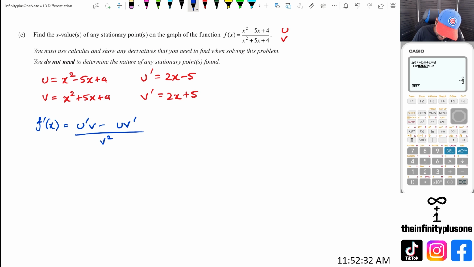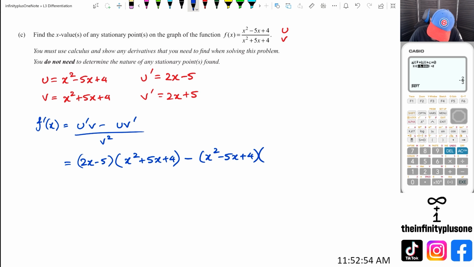Okay, so with that in mind, now u dash is going to be 2x minus 5 multiplied by v, which is x squared plus 5x plus 4, minus, I've got u, which happens to be x squared minus 5x plus 4, V dash is 2x plus 5.